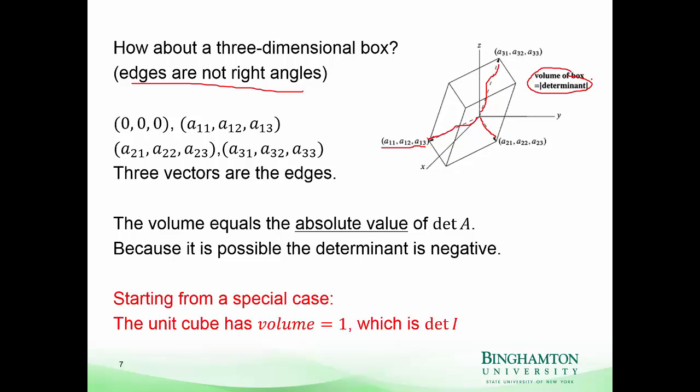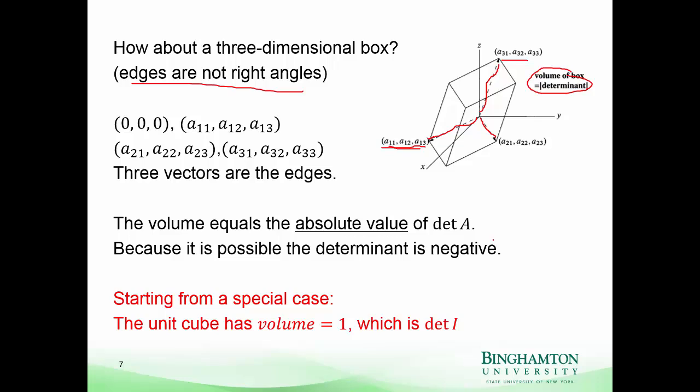Now, if we look at a special case, clearly if we let these rows be just like 1, 0, 0, 0, 1, 0, and 0, 0, 1, we get the identity matrix. And we know that that defines a unit cube whose volume should be equal to 1.